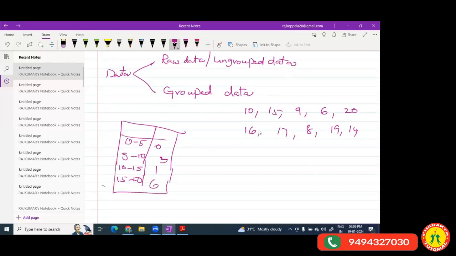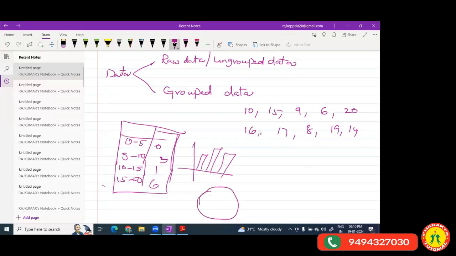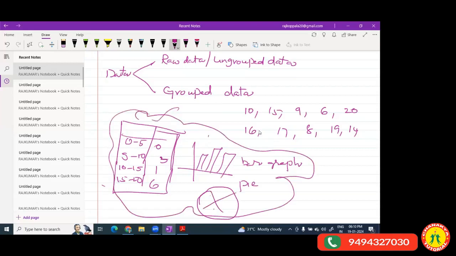If the given data is arranged like this in tables, or sometimes we use bar graphs also, like in 6th class you arranged bar graphs, no? Yes, sir. And this one is pie charts, and this is bar graphs. In pie charts also you arrange this data. So data arranged in groups or graphs is called grouped data.